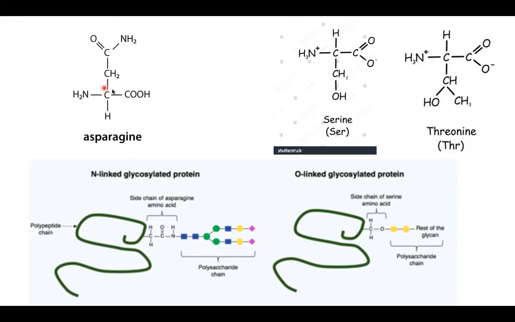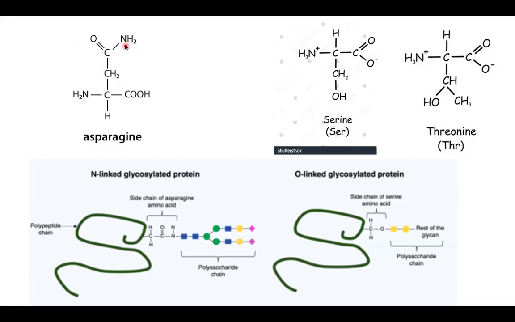But one part of the amino acid is called the R group, and the R group changes between different amino acids. So what I want you to notice is that the R group, which is this group over here, of asparagine, which is an amino acid, has nitrogen. You see that over there? It has a nitrogen, okay?